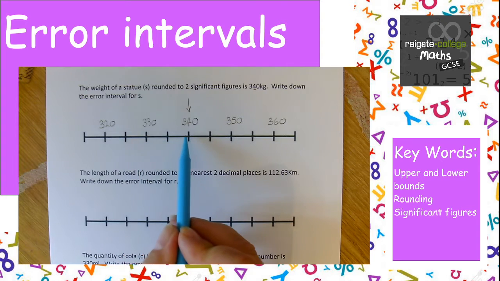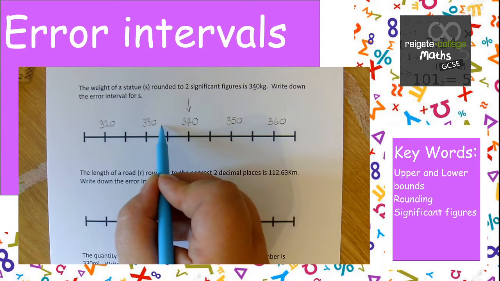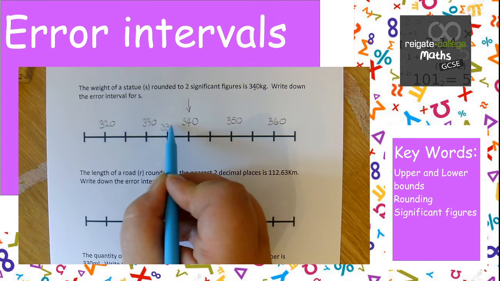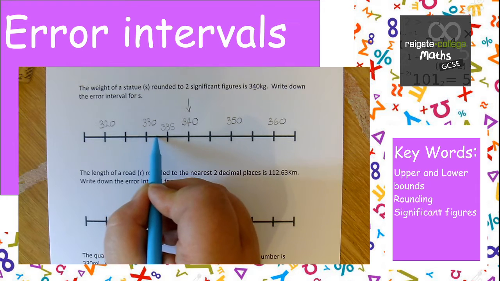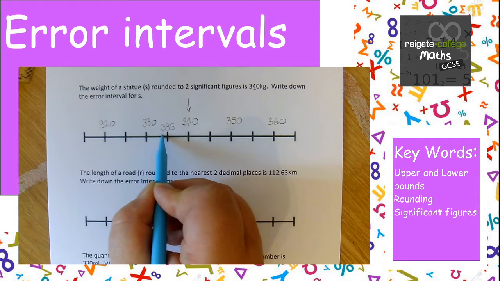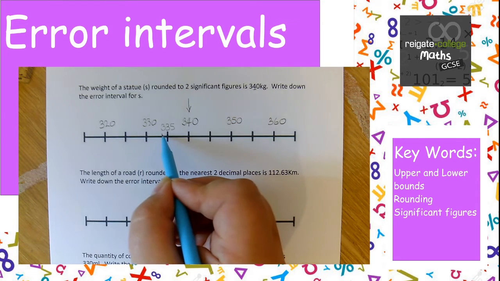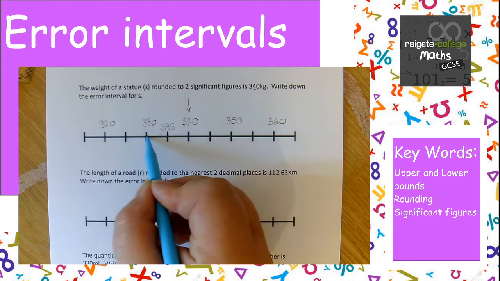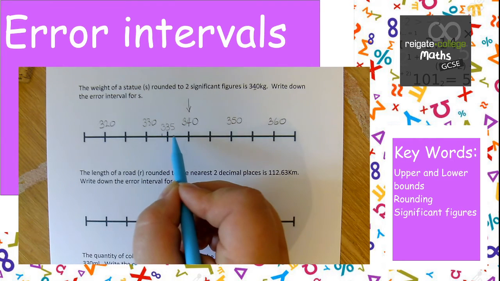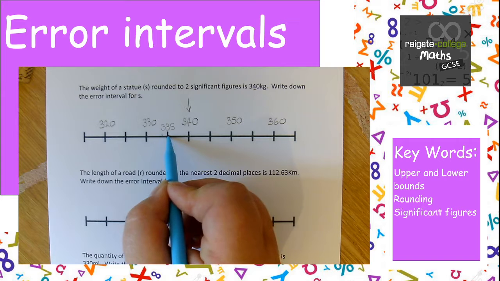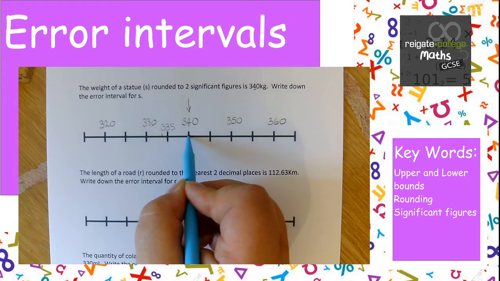So on this particular number line, the halfway point between those two figures is going to be 335. Approaching this number anywhere here, 334 for example, will be rounded down here. This is the first point at which our weight would be rounded up to here.